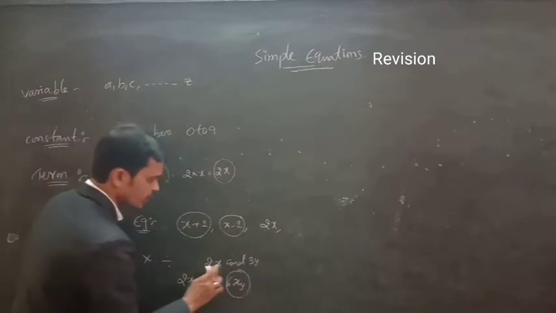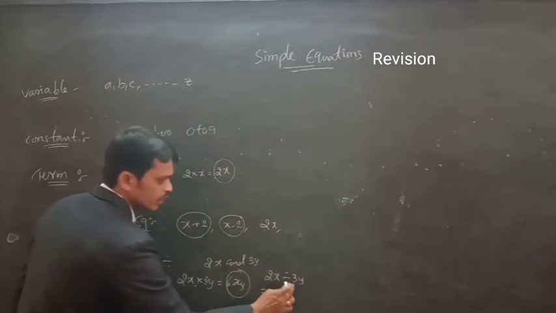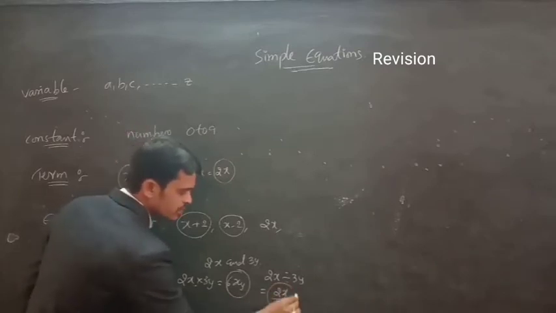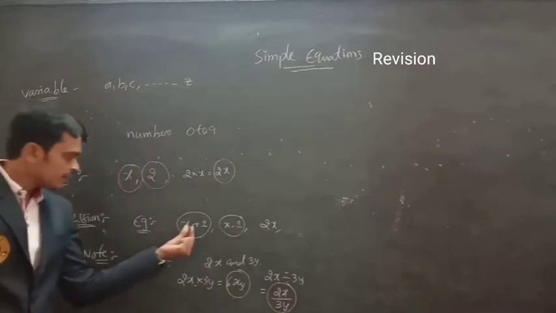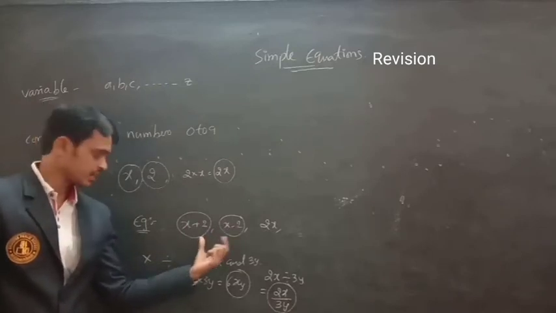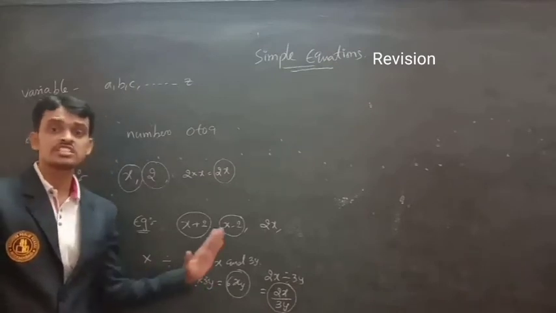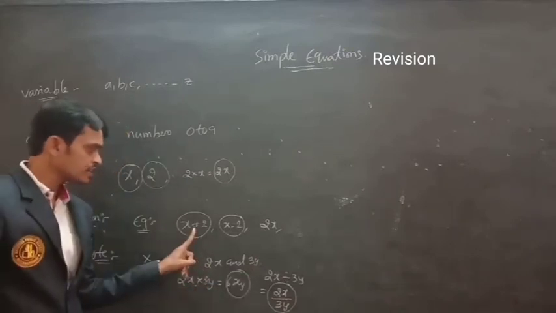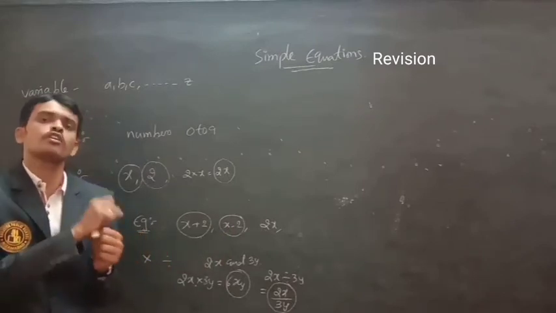Now division: 2x divided by 3y, so 2x by 3y is also a single term. Only addition and subtraction separate terms, while multiplication and division do not. By using addition and subtraction, we write monomials, binomials, trinomials, multinomials, and polynomials.